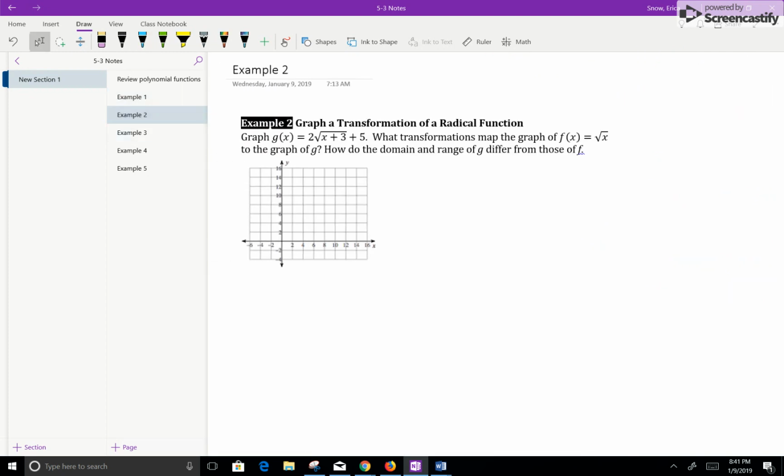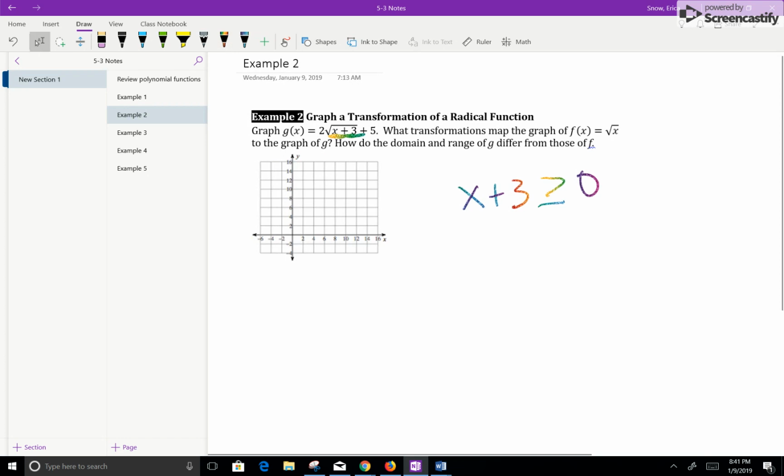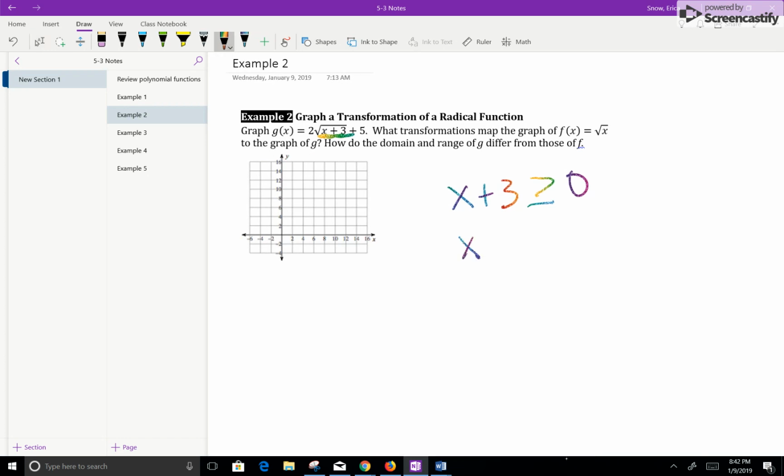Okay, so up at the top, you guys have your a, h, and k. So to find our domain first, we're going to take what's under the radical, the x plus 3, and we're going to say that that has to be greater than or equal to 0, which means that x has to be greater than or equal to negative 3. So that's our domain, it's going to be negative 3 to infinity.